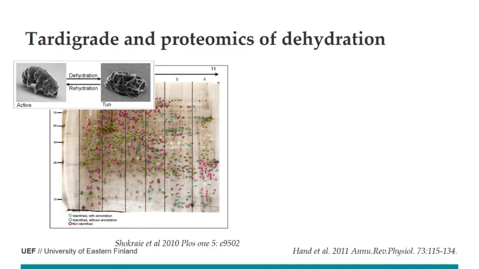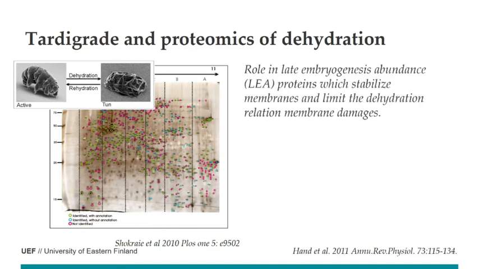And when these were tested in this proteasome experiment, it was shown that there are a lot of LEA proteins, so late embryogenesis abundant proteins, a very long and confusing name, actually found first in plants.